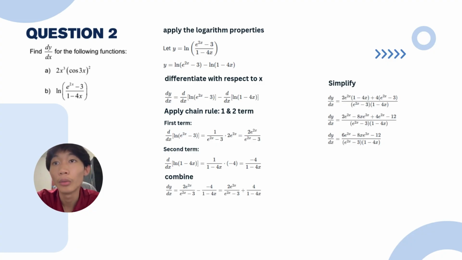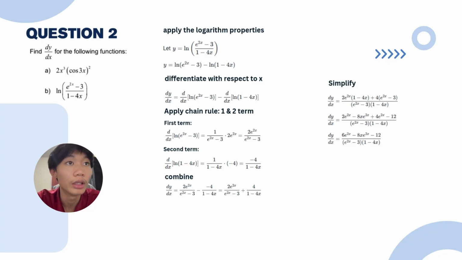So next we combine the derivatives. We get dy over dx equals 2e to the 2x over e to the 2x minus 3, minus negative 4 over 1 minus 4x, which is 2e to the 2x over e to the 2x minus 3 plus 4 over 1 minus 4x. Lastly, we simplify the equation.